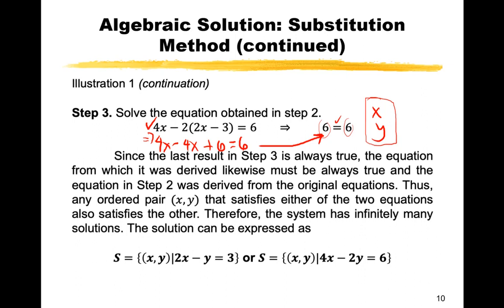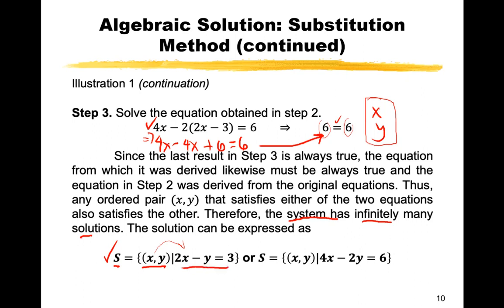Because we have a system that has infinitely many solutions. So meaning, dependent yung ating dalawang equations. Okay? That's why our solution set can be expressed as a solution set S containing the ordered pair xy such that this ordered pair satisfies 2x minus y equals 3.